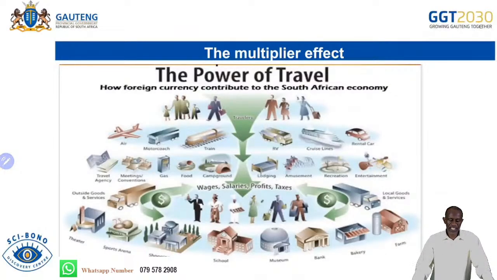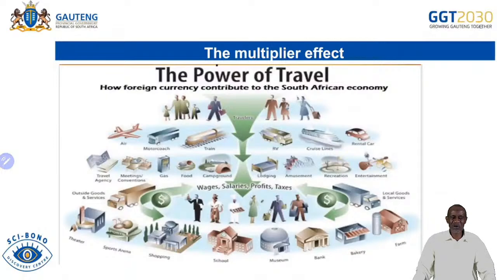The multiplier effect. The multiplier effect here, as indicated on this flowchart diagram, shows us how money filters down to different sectors of the economy. Money that has been derived from tourists goes down into other important areas of the economy of South Africa.